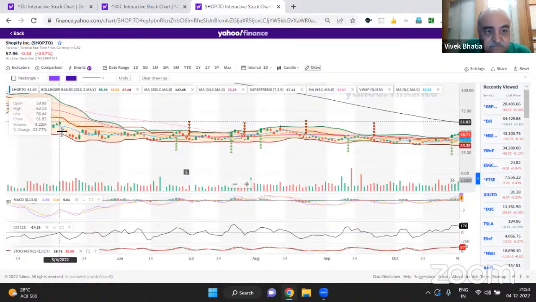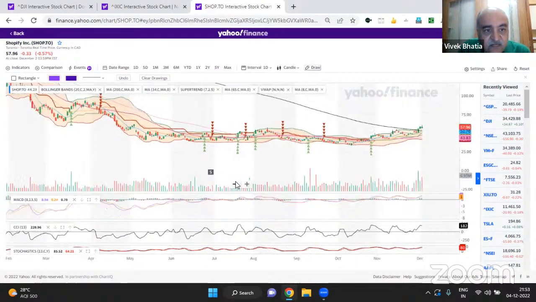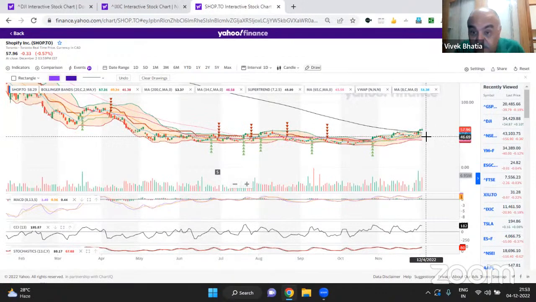This has been filled in. So now this gap is being filled in. Your first target would be at this support trend level, which is 67, which is $67, a $10 away or $9 away.